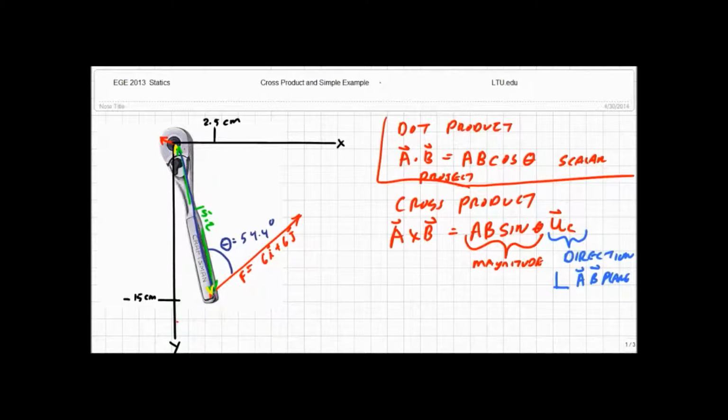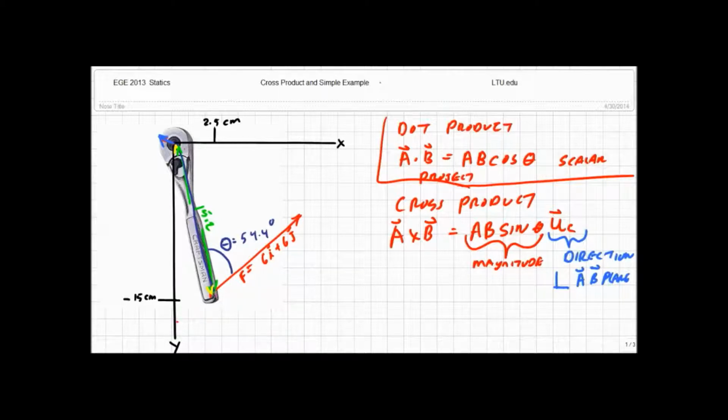So when we do a cross product, it's just like when we looked at calculating the moments for our scalar examples, the moment has a direction that's perpendicular to the plane defined by our position vector and our force vector. So in our example here to the left, the U sub C will be pointing in this direction, straight up from that XY plane.